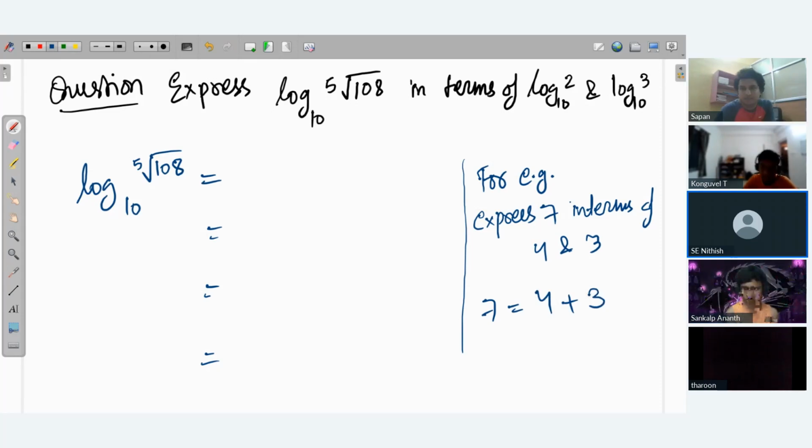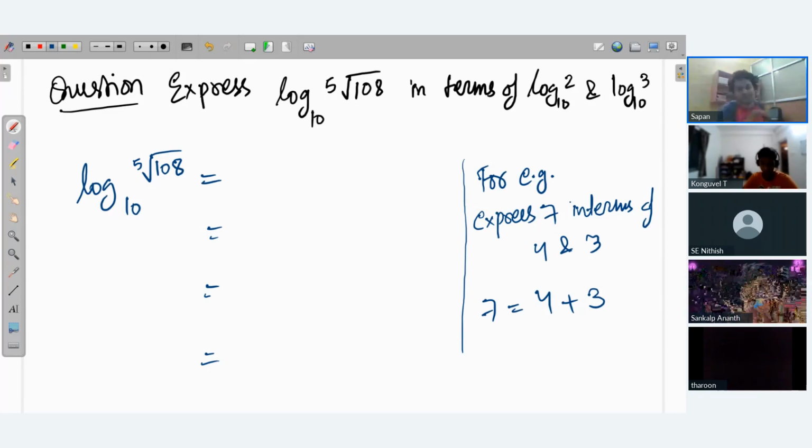So I want you to rewrite this left-hand side logarithm in terms of these two logarithms.